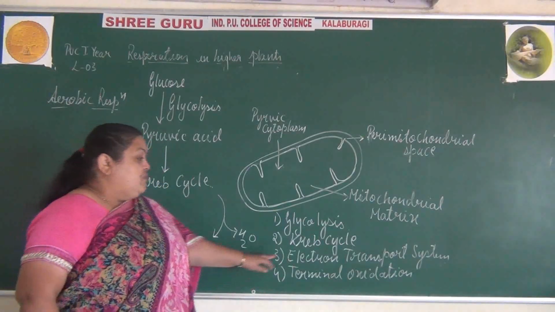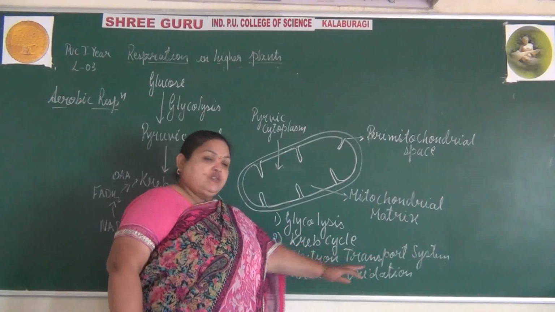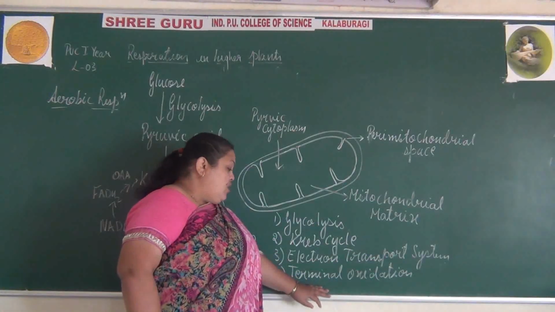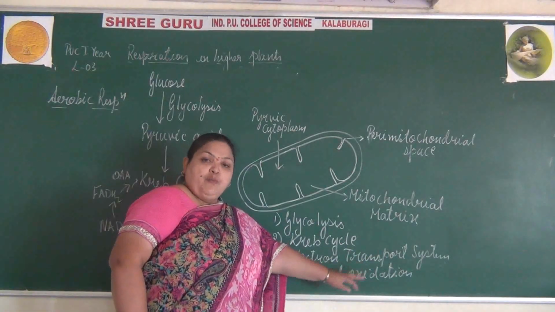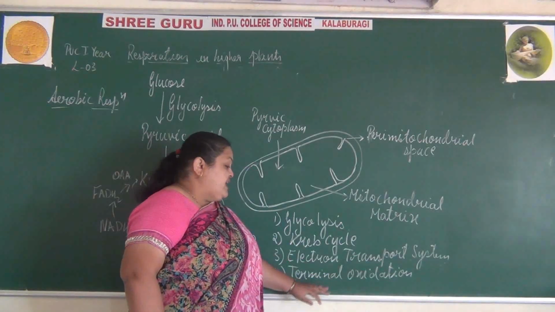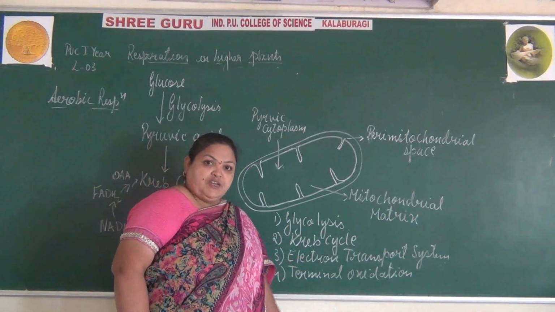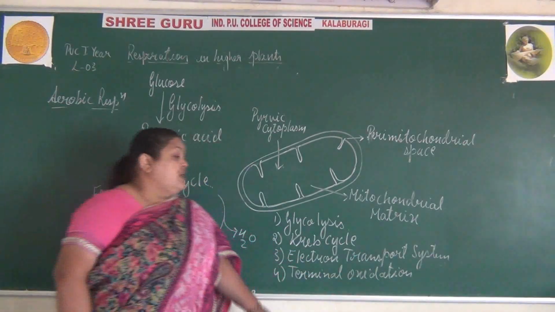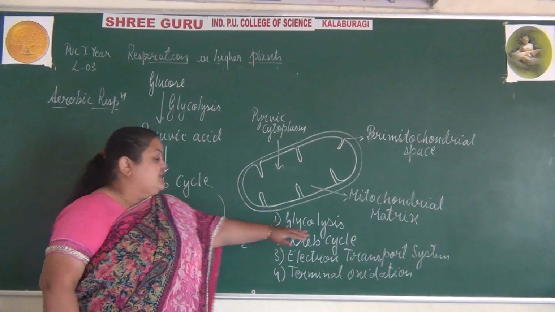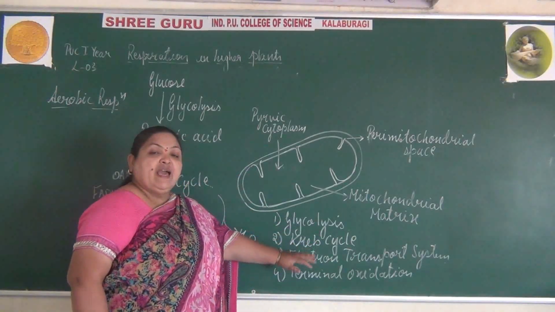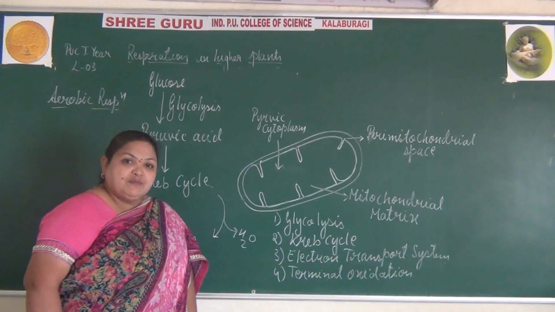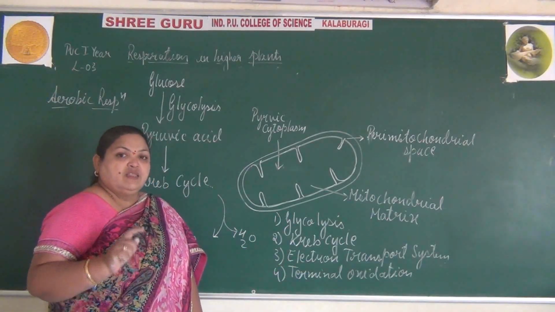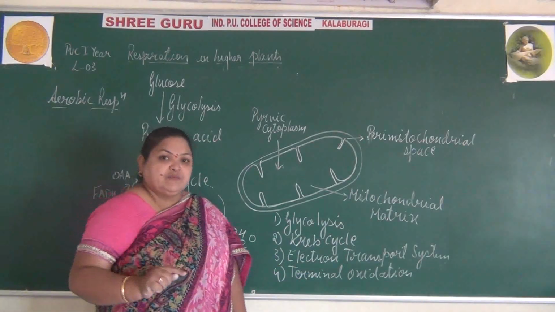Then lastly, with the help of oxygen, there is synthesis of ATP molecules, which is known as terminal oxidation. So in the next class, after the glycolysis, the pyruvic acid enters the Krebs cycle. We will deal with the Krebs cycle in the next class.